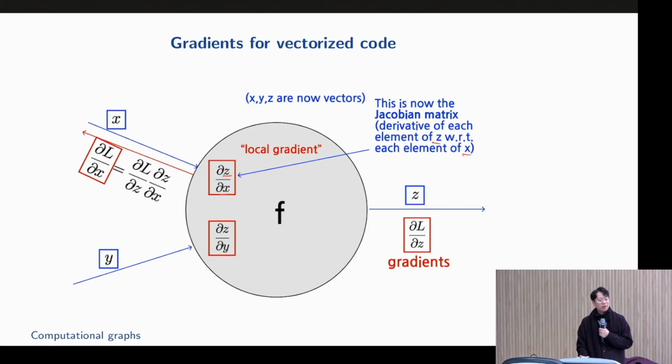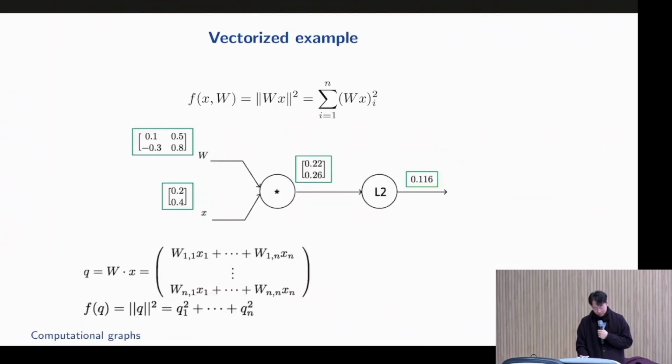Okay, here's a vectorized example. I think the prerequisite calculus class walks you through multivariable calculus, so I don't need to discuss all the details. Let's say we have this L2 norm. You take W and X, multiply them, and take the L2 norm.